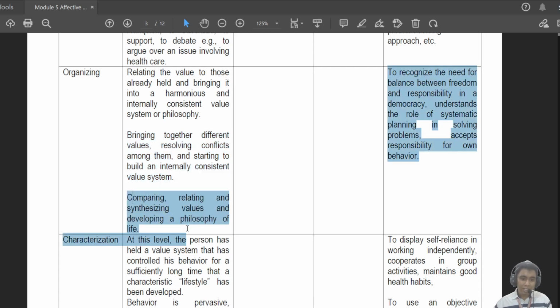Okay? Comparing, synthesizing values to develop a philosophy of life. So, ano lagi sinasabi nila? What these definitions all say is that when you are organizing, you are molding different values para magkaroon ka ng isang consistent na way of life, consistent value system.